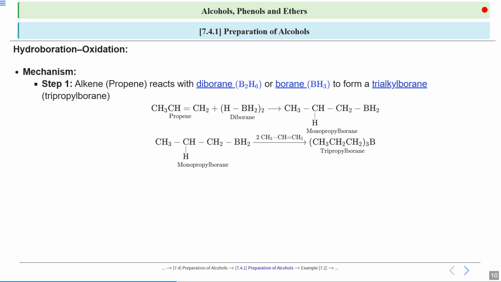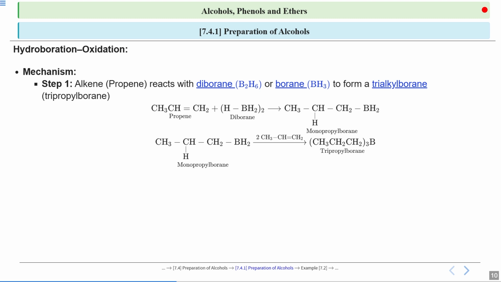Then this monopropyl borane which you just got, you react it again with two molecules of propene. Why are we taking exactly two molecules of propene? Because we are doing the addition reaction, right? The hydrogen from the diborane, so we are taking HBH2 whole twice as a diborane, and from the BH3 one of the H will attach to the propene and give us a monopropyl borane.